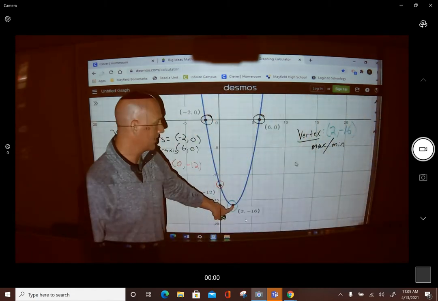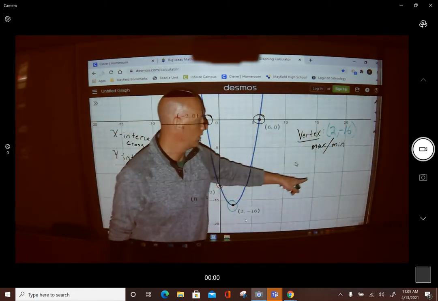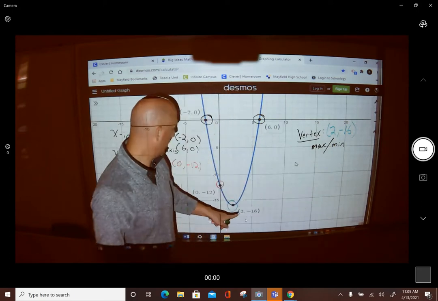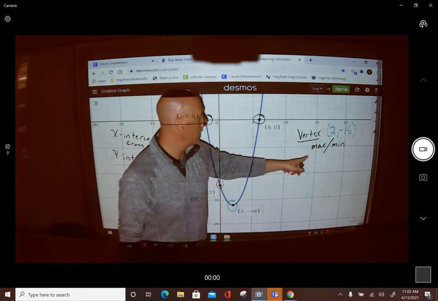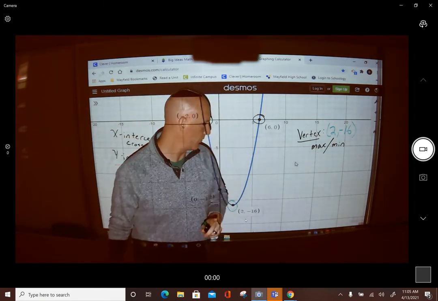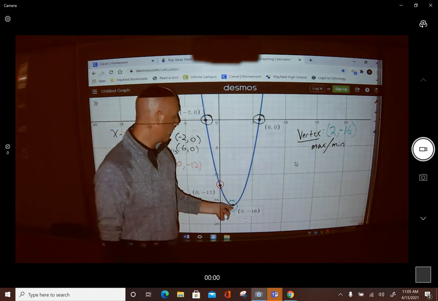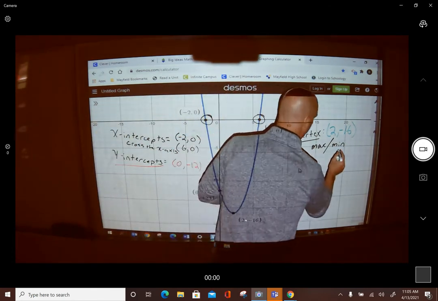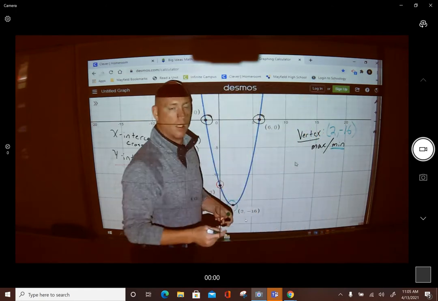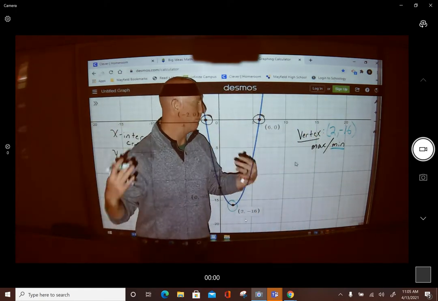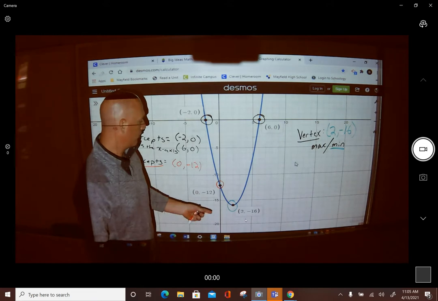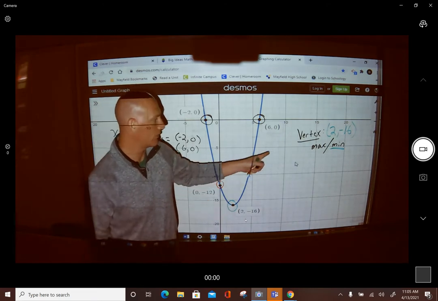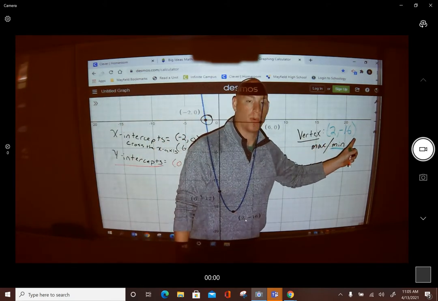If the vertex is at the bottom of the parabola, it's the minimum. If it's at the top, it is a maximum. Okay? So we know the vertex is going to be a minimum. But if they ask what is the minimum, they're not asking for the whole point. If they ask for the vertex, you give the point.